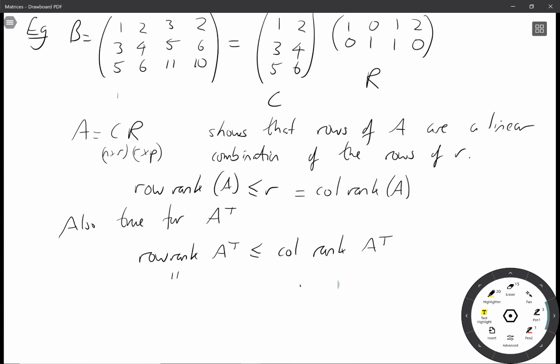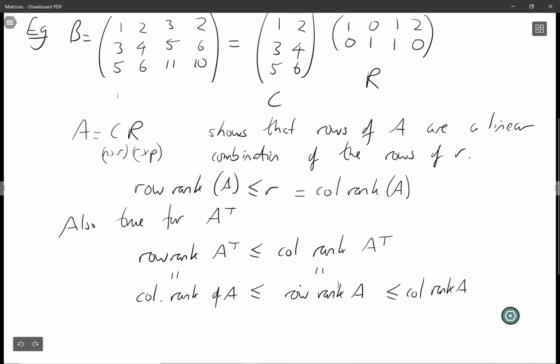Well, now, what is the row rank of A transposed? Well, that is just the column rank of A. And what's the column rank of A transposed? Well, that is the row rank of A. And we've already proven the row rank of A must be less than or equal to the column rank of A. So we get that the column rank equals the row rank.